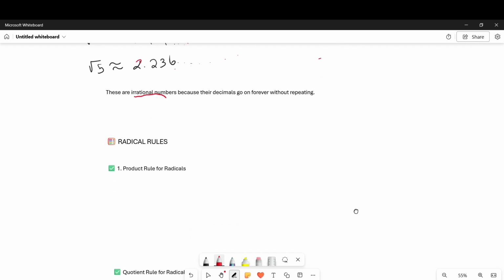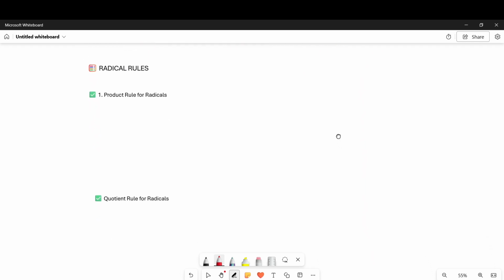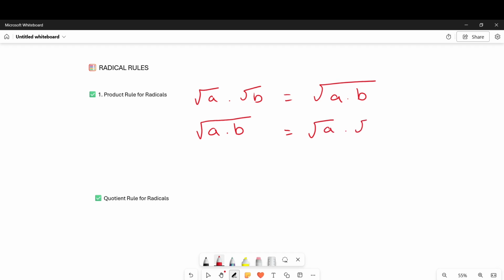Okay, let's move forward. We can see the radical rules. The first two rules are the product rule and the quotient rule. The product rule is very easy, the same as the exponent rule. The root of a times b is equal to root a times root b. In reverse order also, we can split root of a times b into root a times root b. This is the product rule.